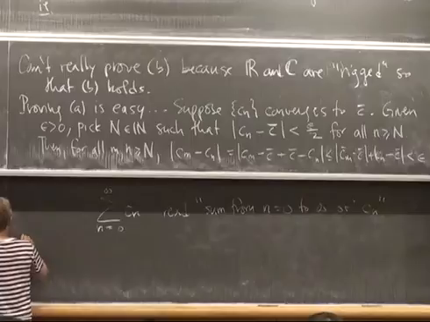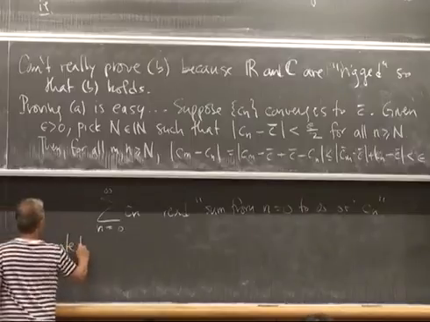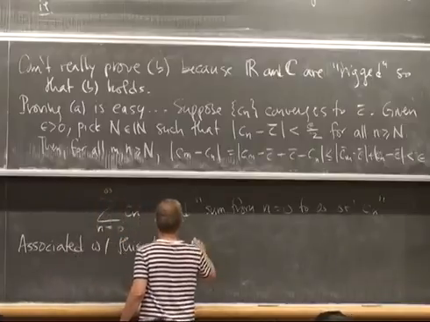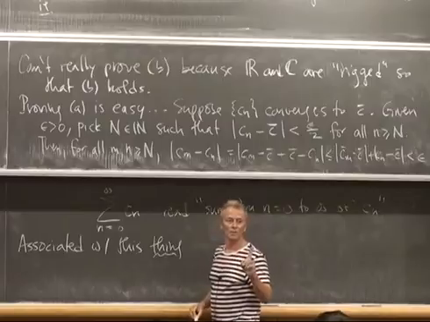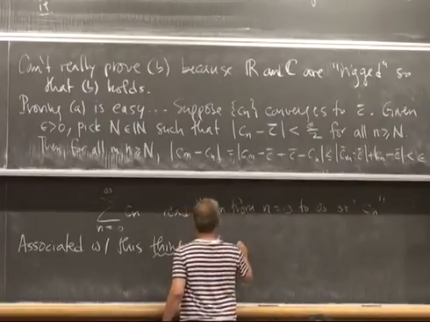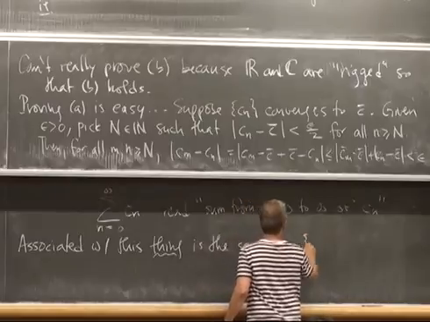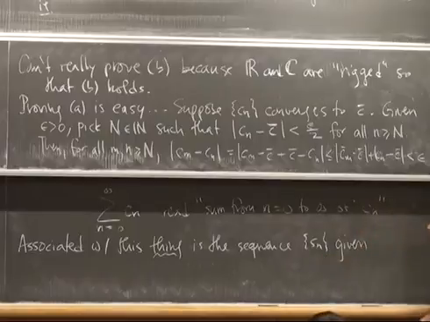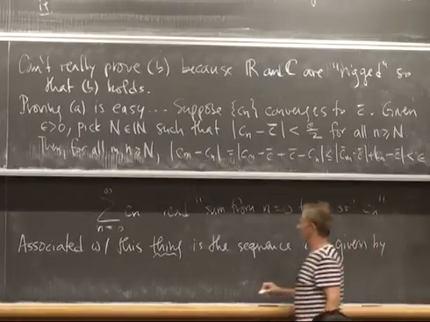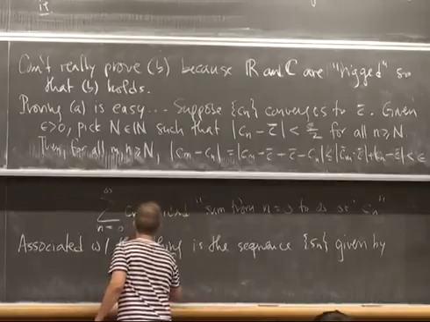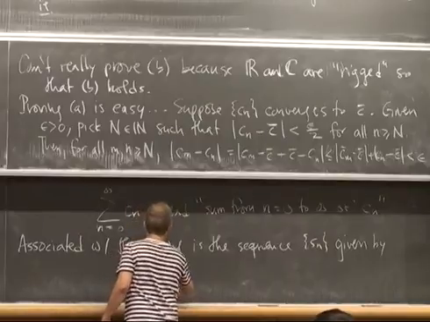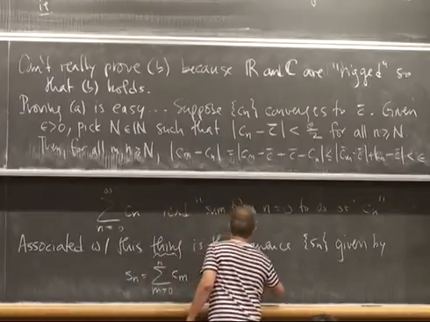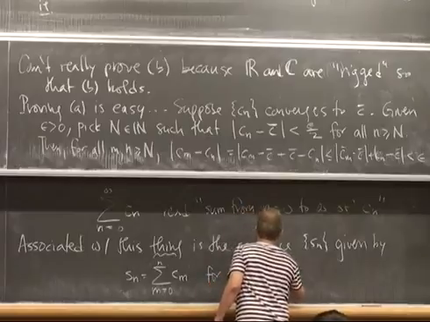So, associated with this thing is a sequence, and we know all about sequences. I'm going to call the nth term in this sequence S sub n, and S sub n is given by the actual number: S sub n equals the sum from m equals 0 to n of c sub m, and that's going to be true for all n in the natural numbers.